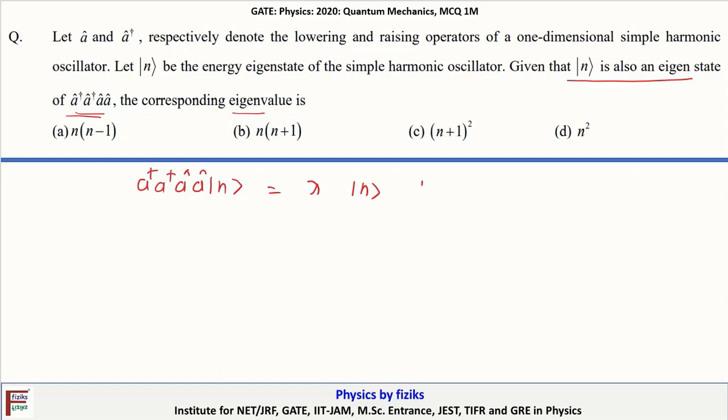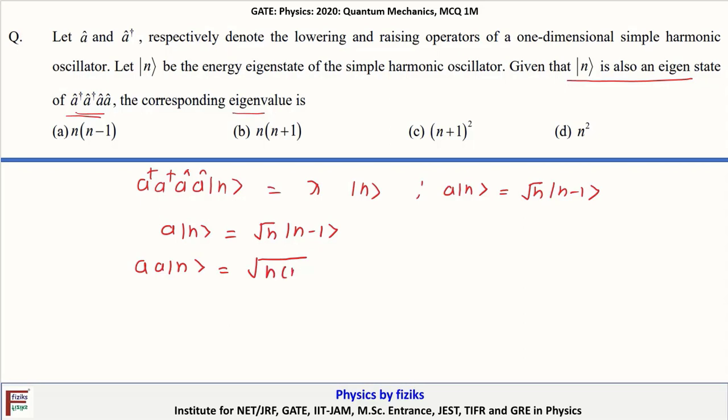Now we all know a operated on |n> would give us root n into |n minus 1>. So when a operated on |n>, we got root n into |n minus 1>. Now we operate again a on it, so we get root n into root n minus 1, and the result will be |n minus 2>.